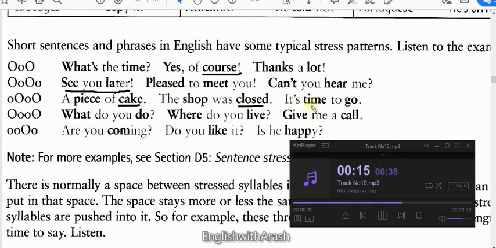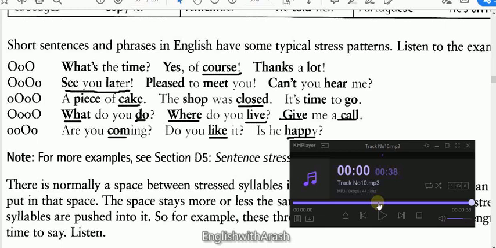It's time to go. What do you do? Where do you live? Give me a call. Are you coming? Do you like it? Is he happy? Are you coming? Do you like it? Is he happy? Puyan says closed or closed?